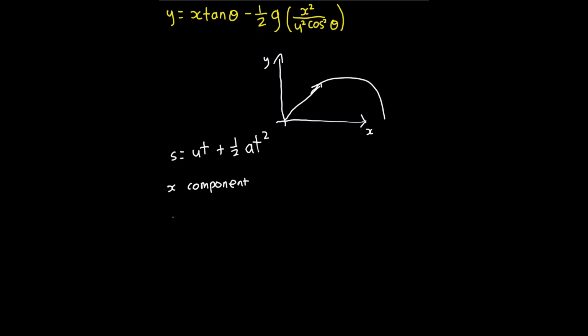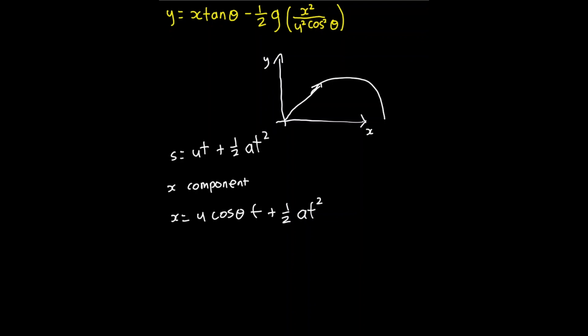s or x is equal to, so the initial velocity in the x direction is u cos theta t plus a half at squared.